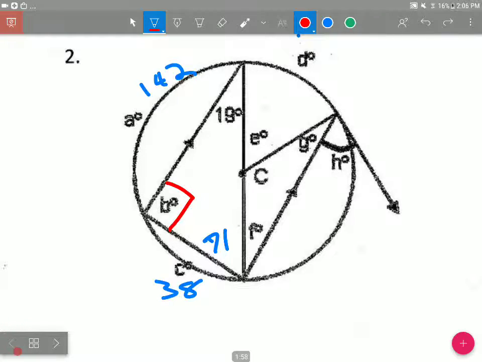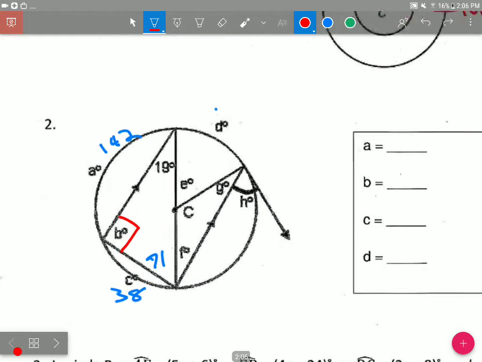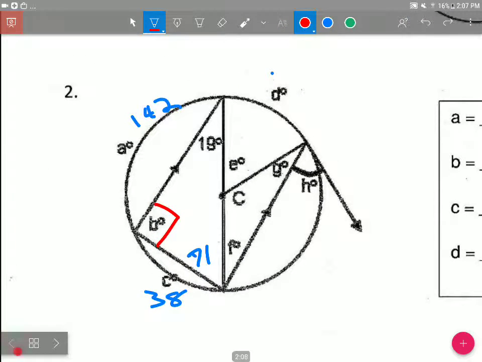What else do we know? Did they tell us anything about these? F, G, H, E, D. Oh, that's parallel. We haven't really talked about that. These are parallel, and so that's a transversal to those two parallel lines.